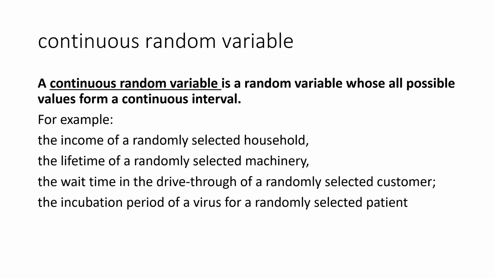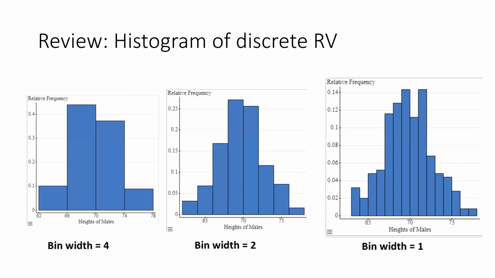All right, so I want to remind you about the discrete random variable histograms that we discussed. This is what they look like, right? In these three histograms, we have the same data representation of the same data sample. It's heights of males, let's say in a class, for example.